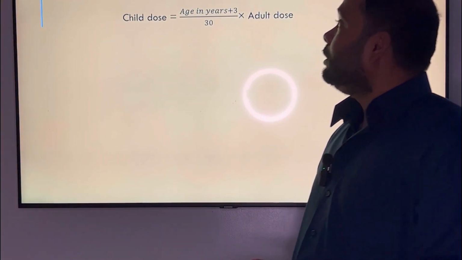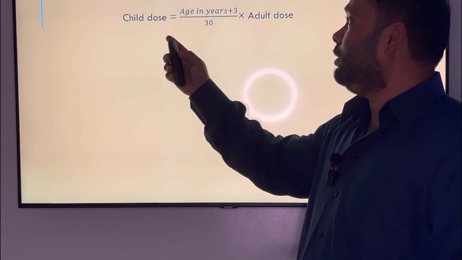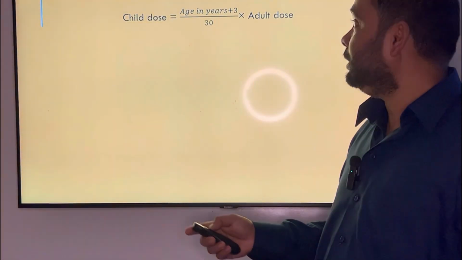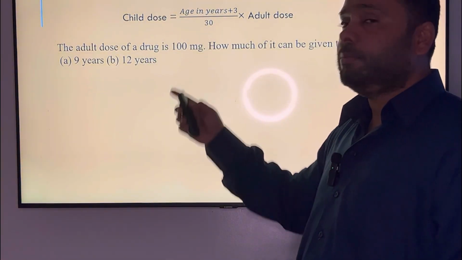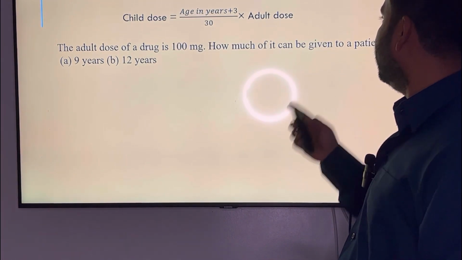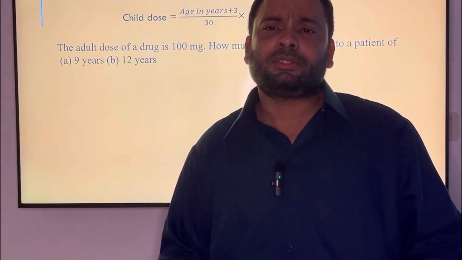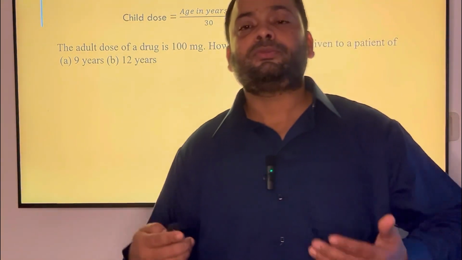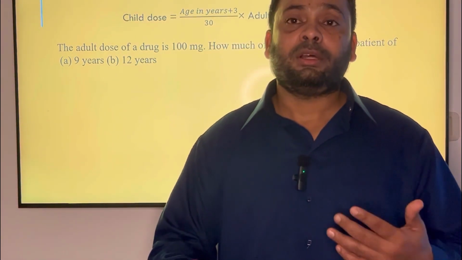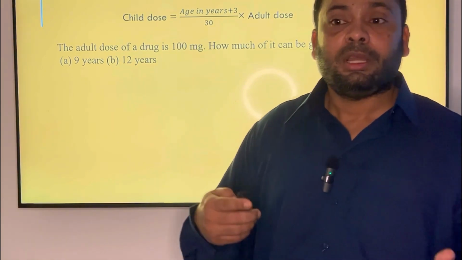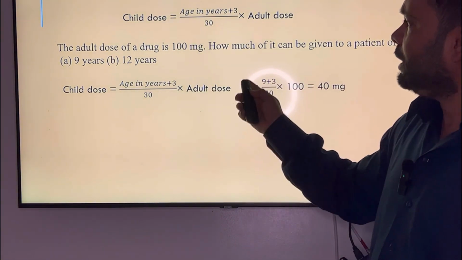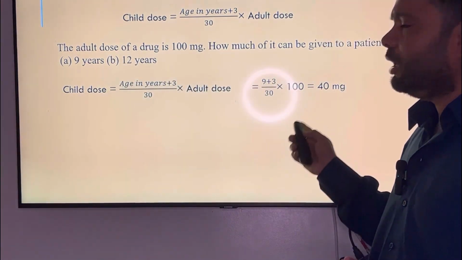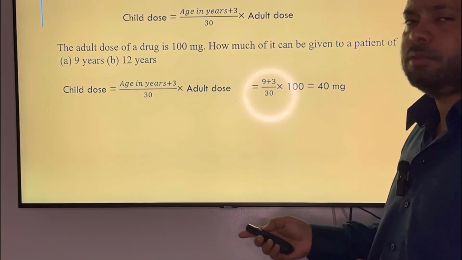Now another formula, that is Fried's formula. This formula is about child age in years plus 3, divided by 30, multiplied by the adult dose. Now, the adult dose of a drug is 100 milligram. How much of it can be given to a patient of 9 years and 12 years? Basically, for all these formulas, you have to memorize the formula. Sometimes we are confused among the formulas. Similarly, we just put the age in place of age and calculate the dose.